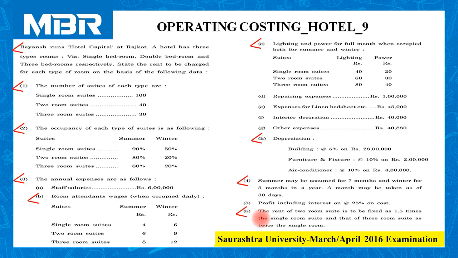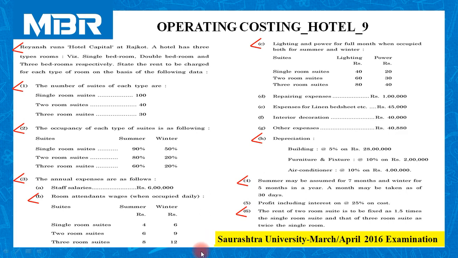In this question, weightage of the room rent is not given to us in ready-made form. Instead, this statement is given. So using this statement, we need to solve the problem of determination of the room rent. And as mentioned in the first paragraph of the question, our main answer is to calculate rent per room per day for single room, double room and 3-room suites.